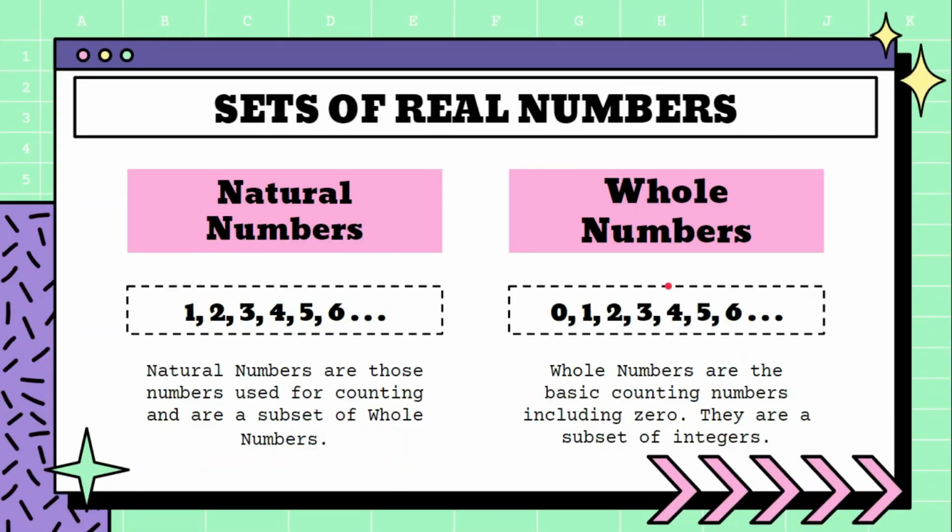Natural numbers are the set of counting numbers. Whole numbers are also counting numbers, and these include all the natural numbers and zero.